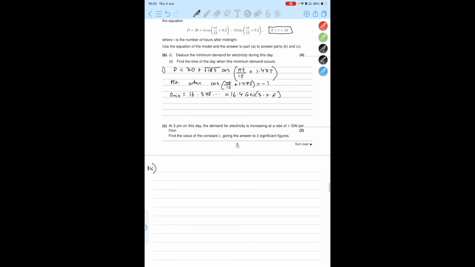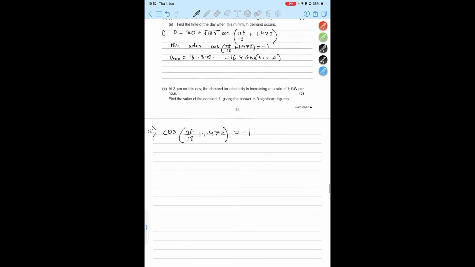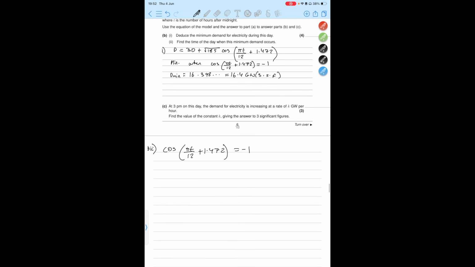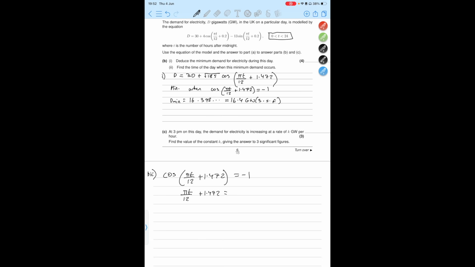Okay, so if we're trying to find the time of the day when the minimum occurs, it's just going to be, as we've set, cos of pi t over 12 plus 1.472 is equal to -1. We're trying to figure out when it is equal to -1. So we're going to find the inverse now. Cos of -1 occurs at pi.